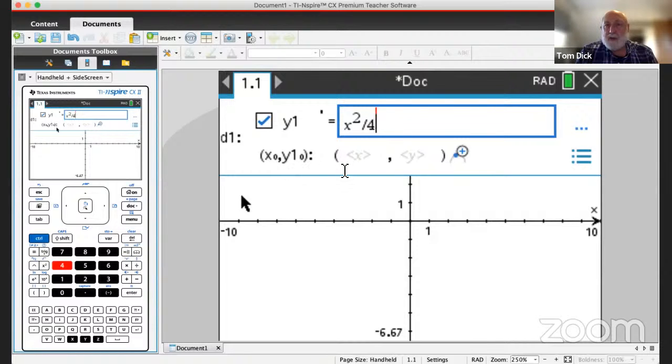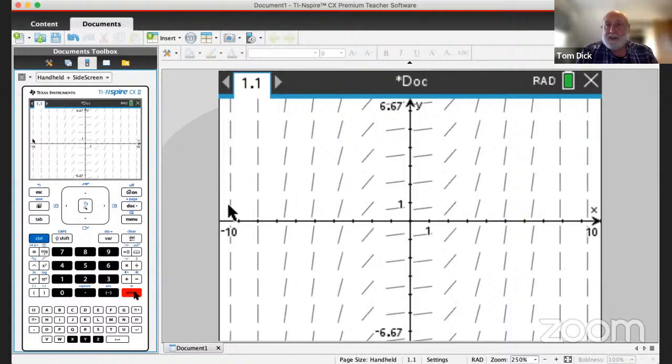Down below the expression, you can see there is a space for you to put in an initial condition. That would be a single point that you would like to make sure the solution curve goes through. I'm not going to make use of that right now. When I hit graph, we get what's called a slope field.